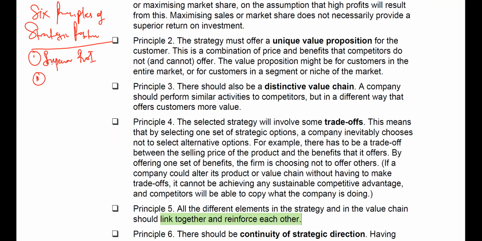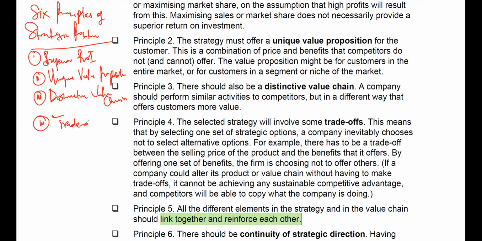Yes. So once we do that, what is the next step? What is the irresistible offer that we are creating, right? A unique value proposition. That's the unique value. So once you are able to give these people the unique value they're expecting, how is my value distinct, right? Yeah. So you are looking at a distinctive value chain. Then your trade-offs. There should be some sacrifices, right?